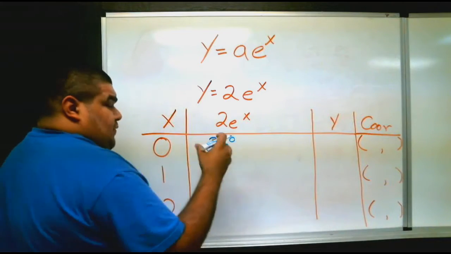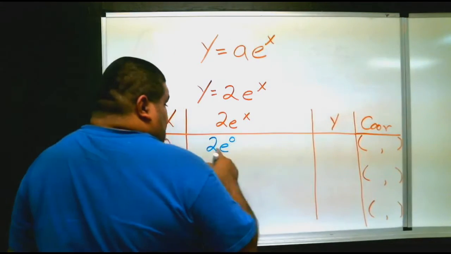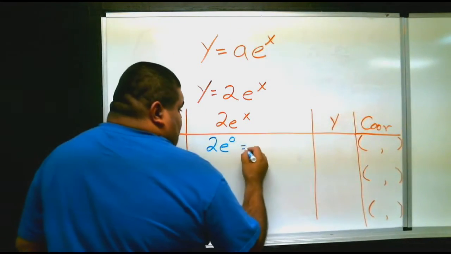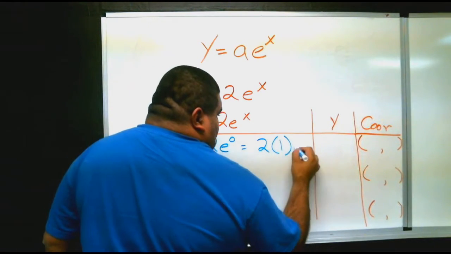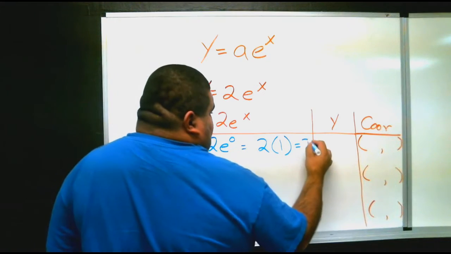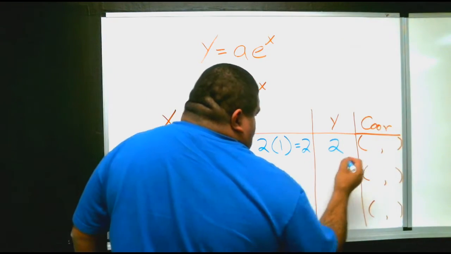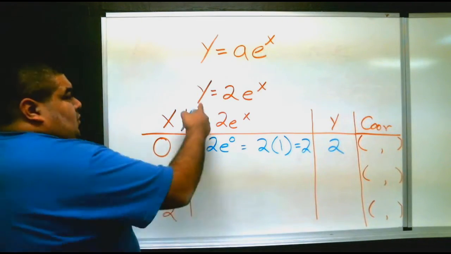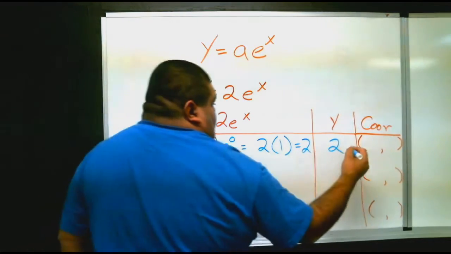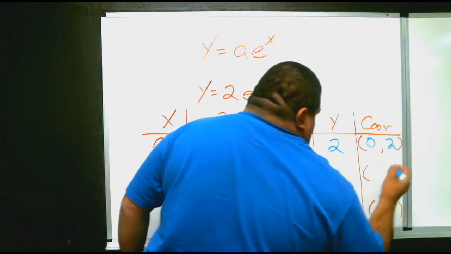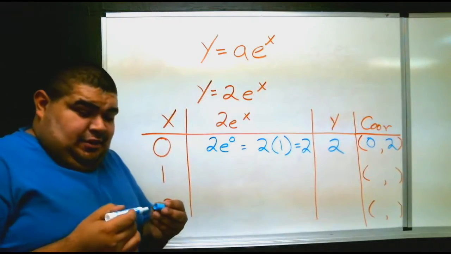But for now, for 0 power, it's just 1. So 2e to the 0 power becomes 2 times e to the 0, which is 1, which equals 2 times 1, which is 2. So y equals 2, and 0 and 2 are our coordinates. That's our first coordinate.